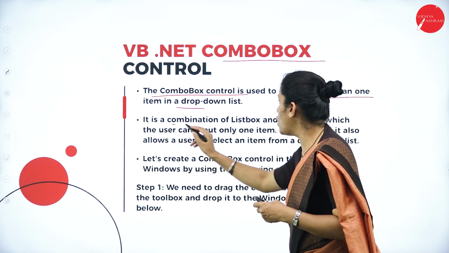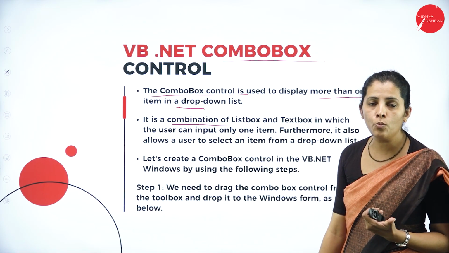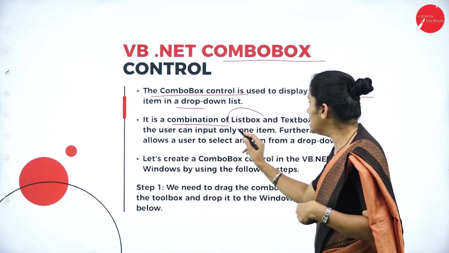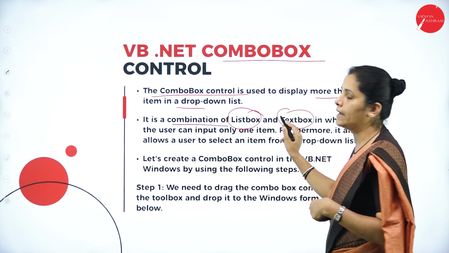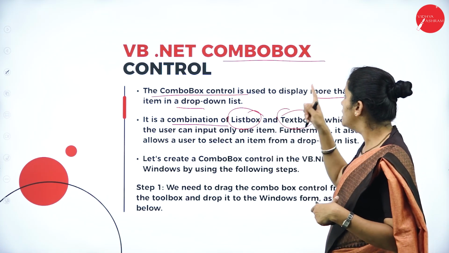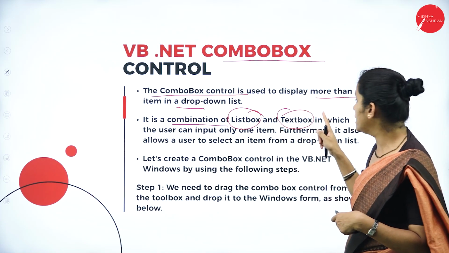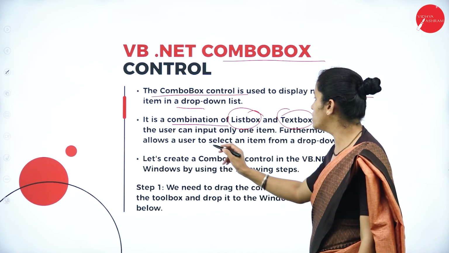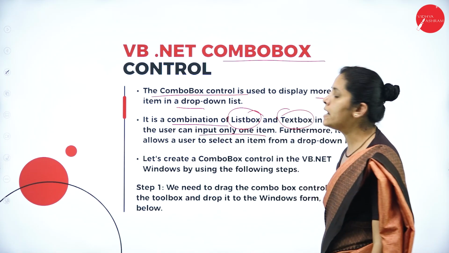So what is a combo box? How is it made? It is made by using a list box and a text box. So a combo box is nothing but the combination of a list box as well as a text box, in which the user can input only one item.